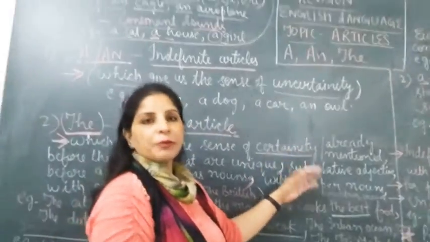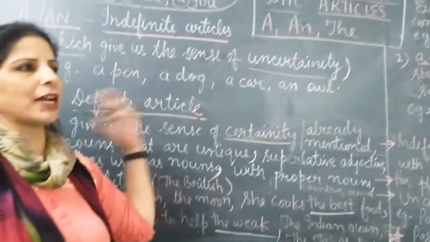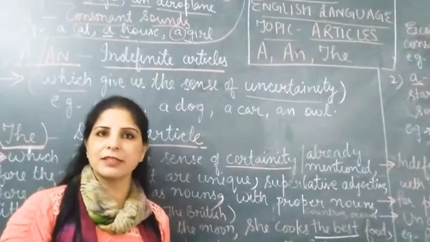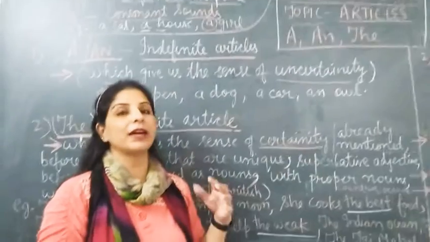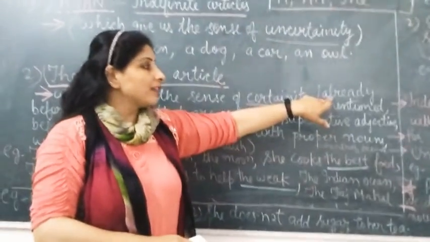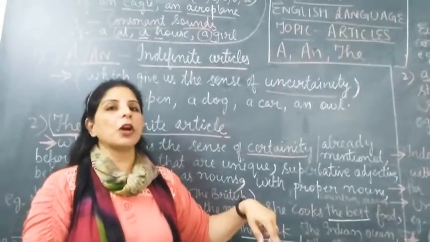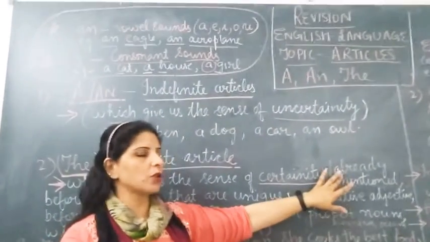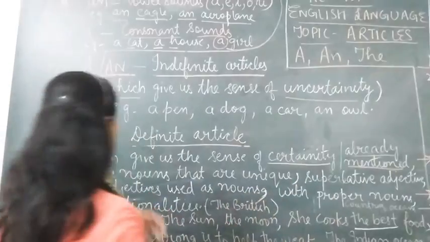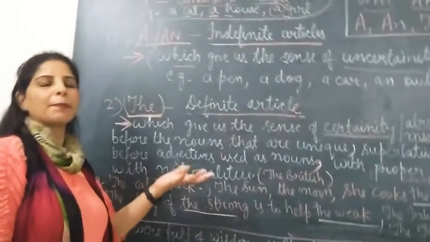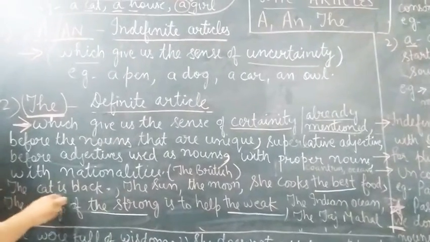Then it is used before those nouns which are already mentioned somewhere, when we have started any discussion or when we are writing something and we are talking about that noun in between that writing topic, or we are discussing something and that noun is already mentioned in the beginning, right? And we are again talking about that same noun. In that case also we use the in front of that. Okay, already mentioned. For example, suppose I have spoken about some particular cat and that cat is black in color, so I would say the cat is black.